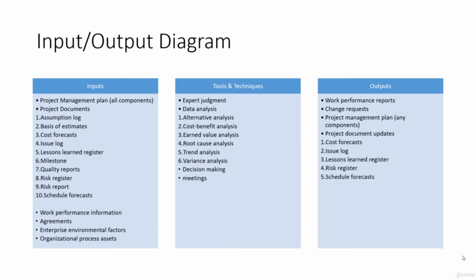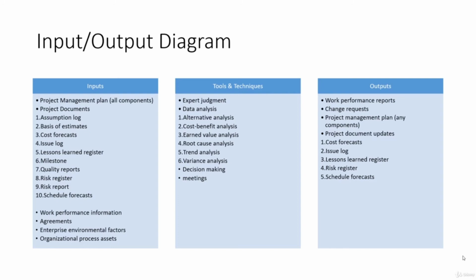And then we have work performance information and agreements, enterprise environmental factors, organizational process assets. And just a note on work performance information. Basically, this deals with all those performance metrics. So let's say we are talking about funding.